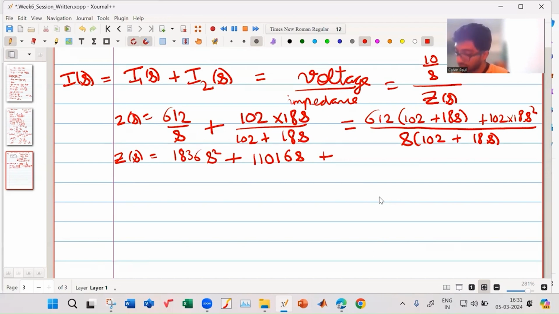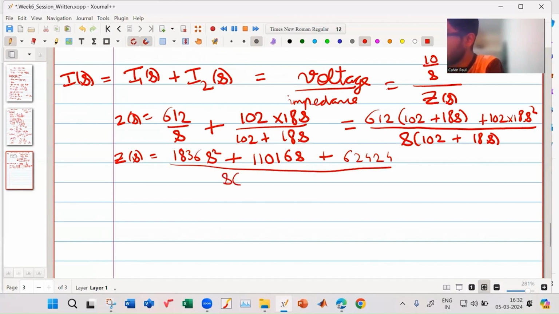What is 612 into 102? It comes out to be 62424, divided by s into 102 plus 18s.